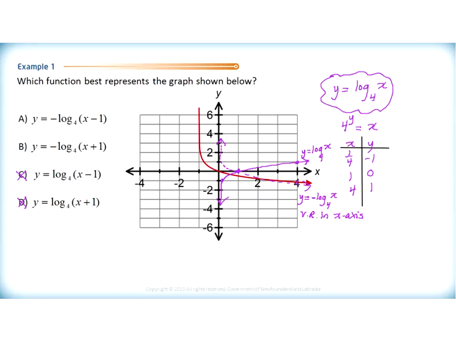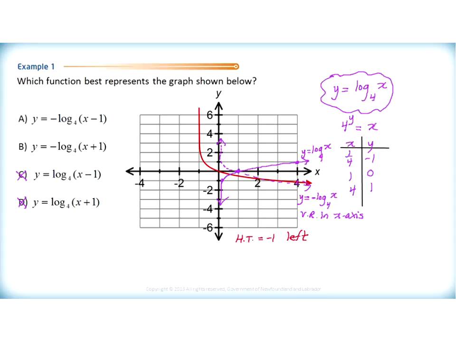Now, if you look at the dotted graph that I have here, notice that that has been shifted or translated horizontally 1 unit to the left. So you also have a horizontal translation equal to 1 unit to the left.